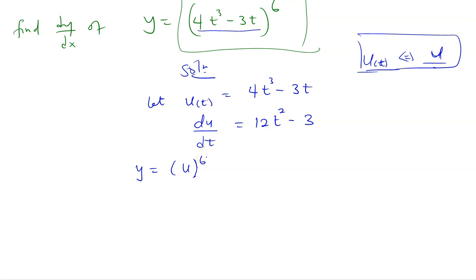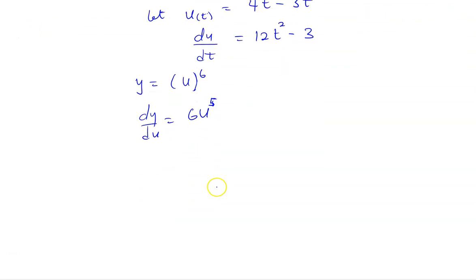So once we have this, what will be dy on du? This is going to be 6u to the 5. I'm not expecting you to ask why you got this, because I believe you have been following me and you understand these concepts.